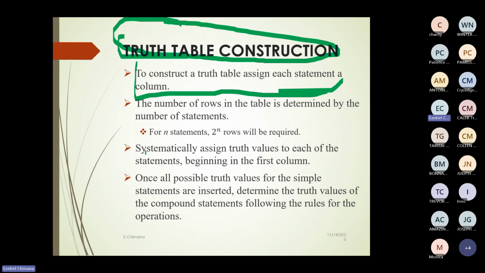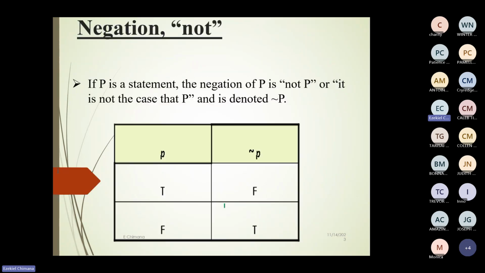And then on the next, true, false. So we use what we call the half rule. Once all possible truth values for the simple statements are inserted, determine the truth values of the compound statements following the rules for the operations.